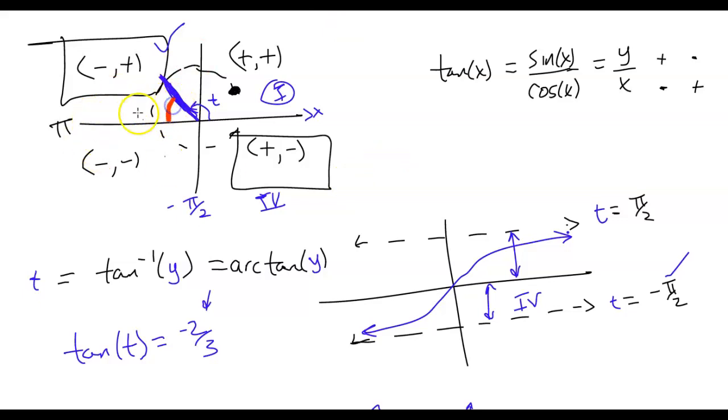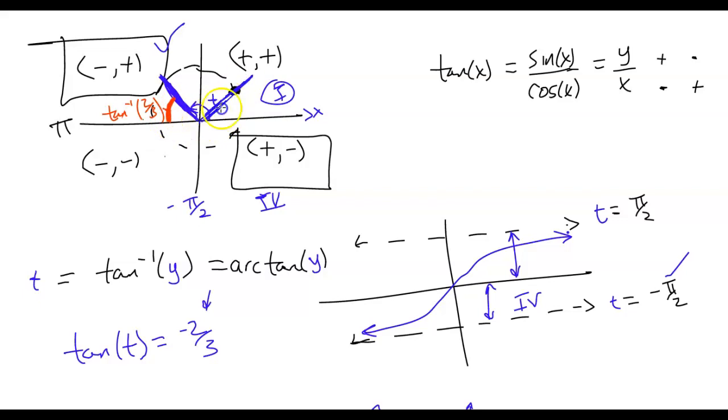This reference angle here, this is what the tan inverse of positive 2 over 3 is, okay? And notice that here there is a corresponding angle in quadrant 1.